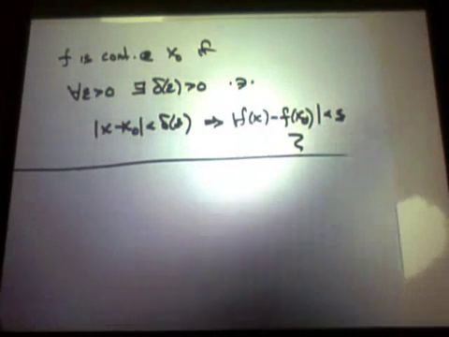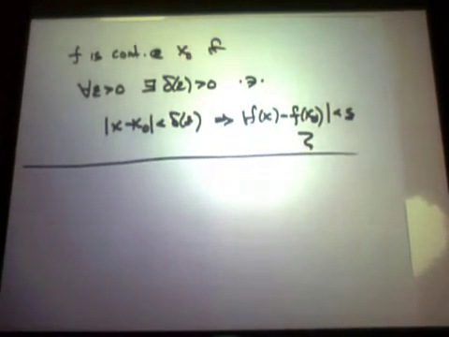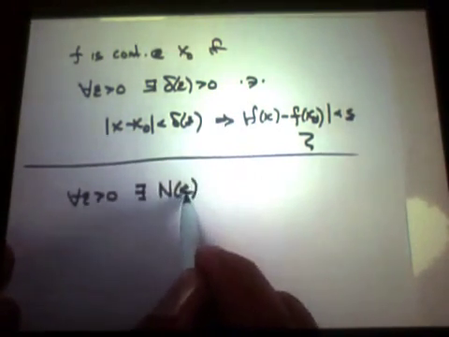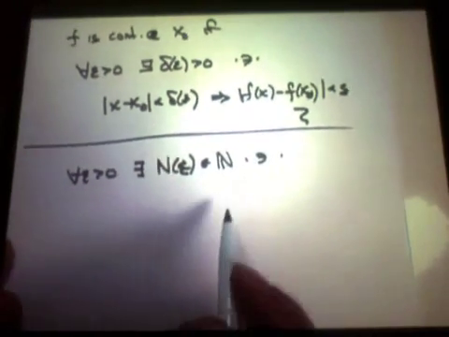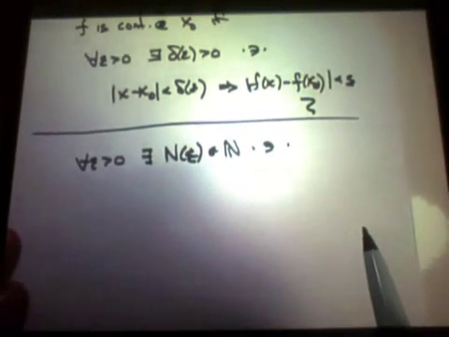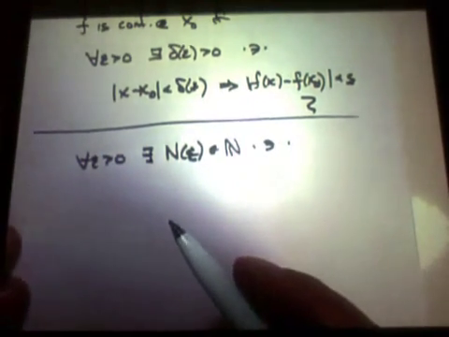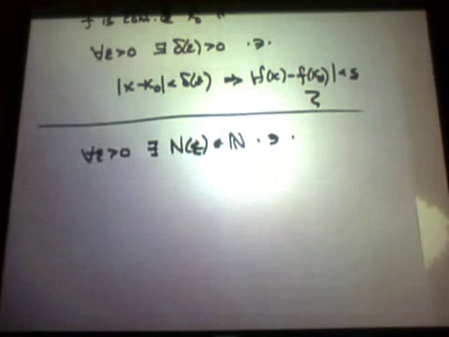Okay. So how would you phrase that totally in terms of sequences? For all epsilon greater than 0, there exists an n of epsilon, such that, what we'd like to say is that there's a sequence xn that's converging to x naught.